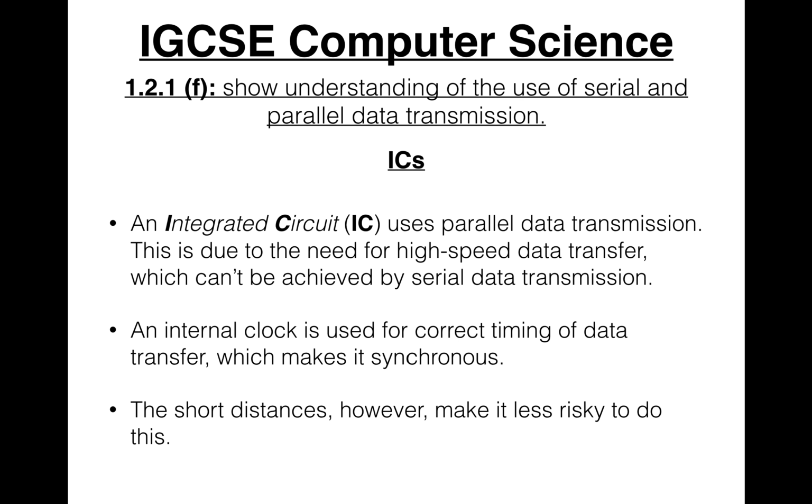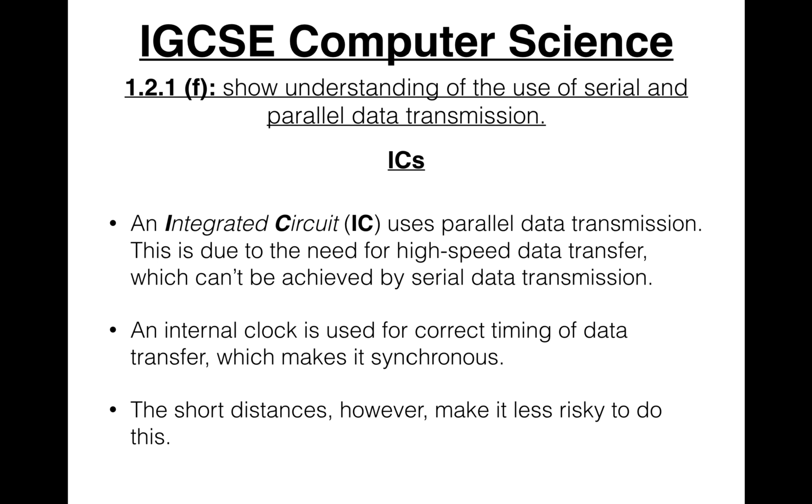This leads on to what we learned about the disadvantages of using parallel and synchronized data transmission: the timing, and the bits becoming skewed, or unsynchronized. With such a short distance, this doesn't really pose a problem.